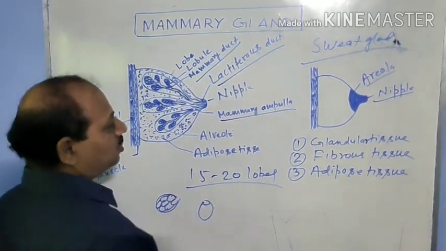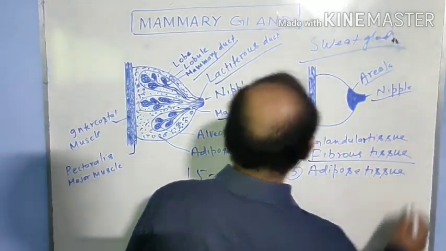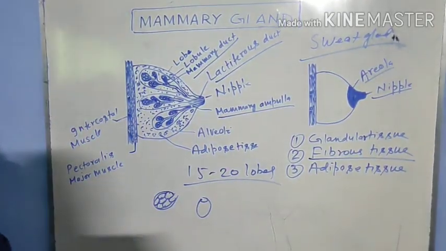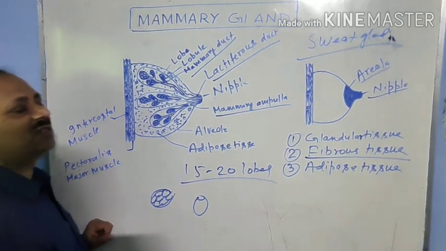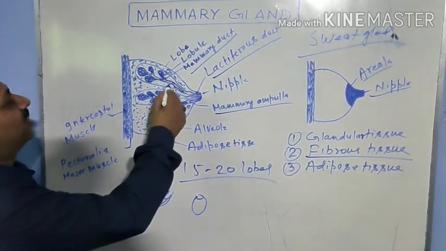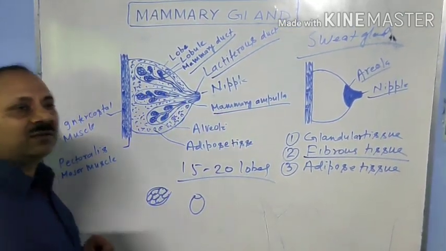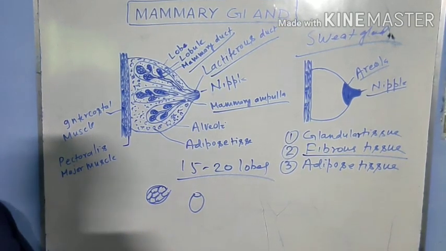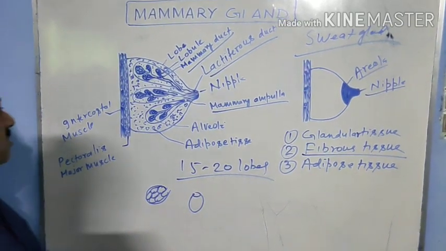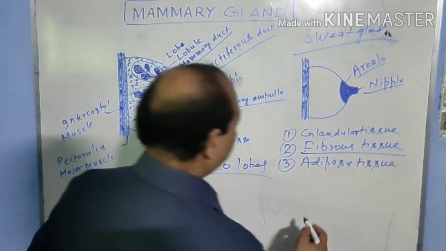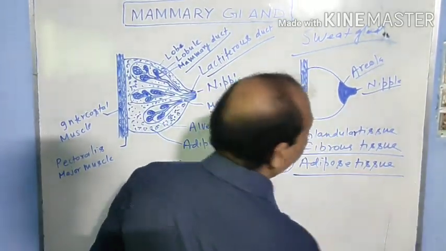Other tissue is known as fibrous tissue. Fibrous tissue provides support to the duct and lobules. And next, adipose tissue.